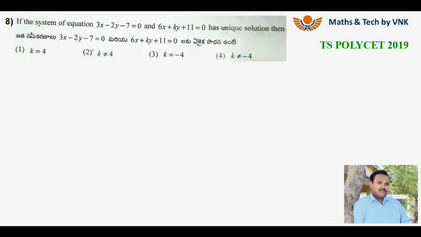Next question is, if the system of equations 3x minus 2y minus 7 is equal to 0 and 6x plus ky plus 11 is equal to 0 has a unique solution, then the k value is. Comparing the first equation with a1x plus b1y plus c1 is equal to 0, a1 is equal to 3, b1 is equal to minus 2, c1 is equal to minus 7.